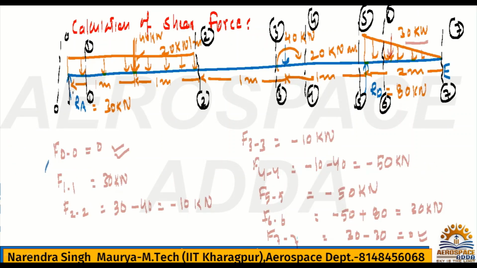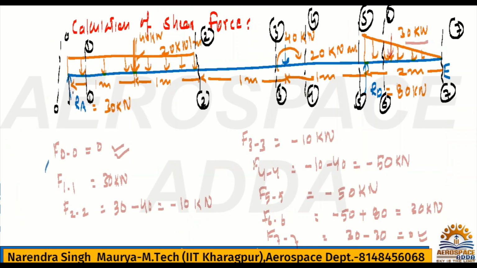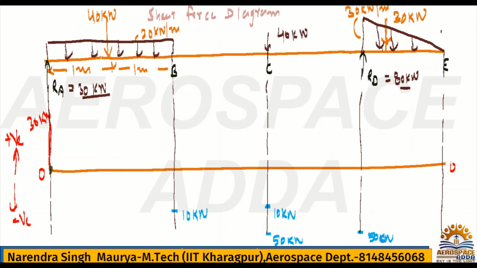Now coming to the 5, 5. If you check between 4, 4 and 5, 5, there is no load. So here also this is 50 kilonewton. And just after RD it is 30, which is positive.